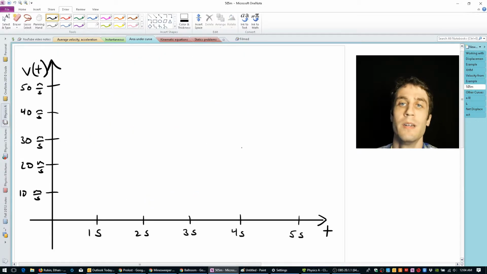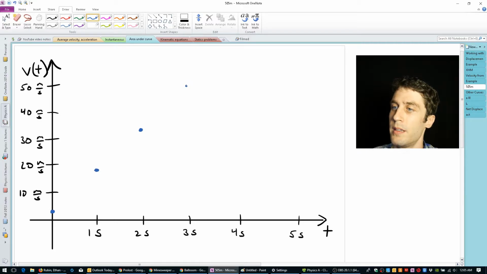As we did before, we can graph these. So initially, it was traveling at 3 meters per second. And then after 1 second, it was traveling at 18 meters per second. And after 2 seconds, it was traveling at 33 meters per second. And after 3 seconds, it was traveling at 48 meters per second.